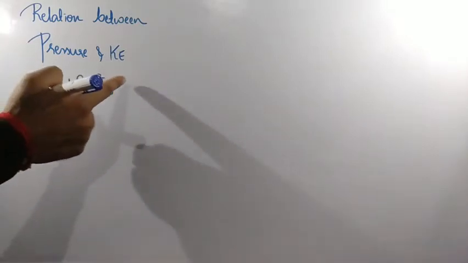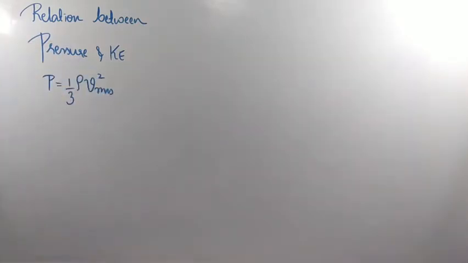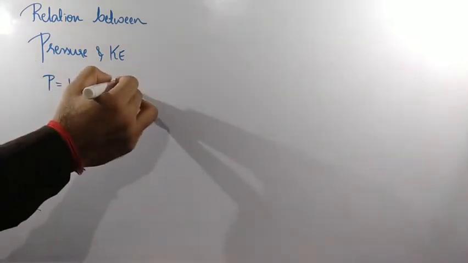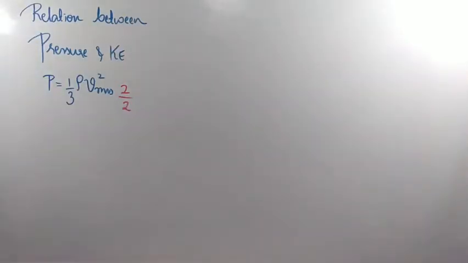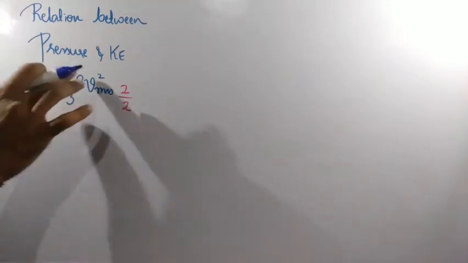Now I am going to multiply with 2 and divide with 2. I am going to multiply with the factor 2 and I will be dividing with the same factor 2, where value doesn't change. 2 by 2. Clear? Now density is nothing but mass by volume.